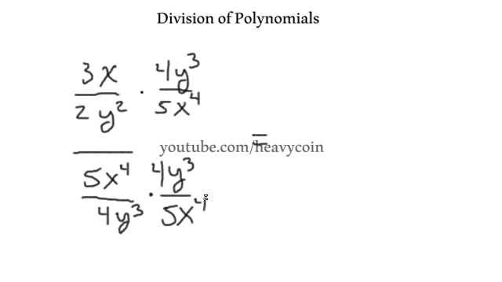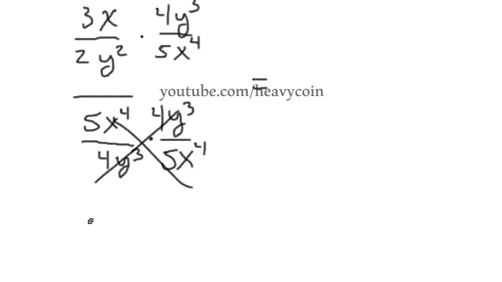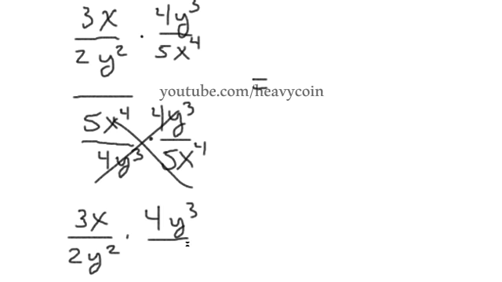Remember, this all becomes 1 because these guys cancel out. We're going to be left with 3x over 2y squared times 4y cubed over 5x to the 4th.